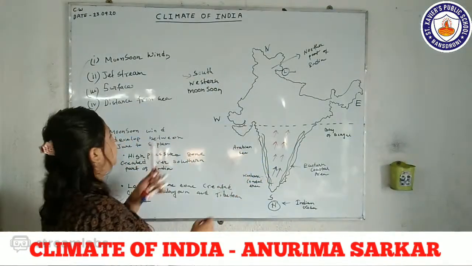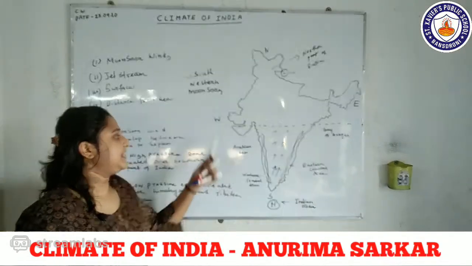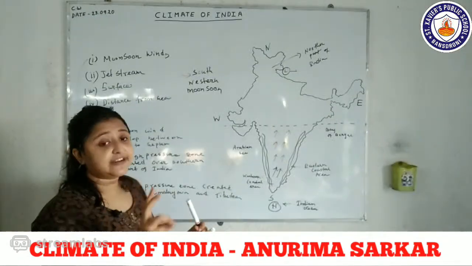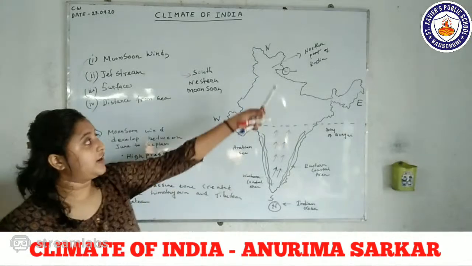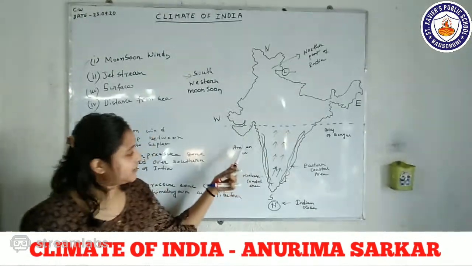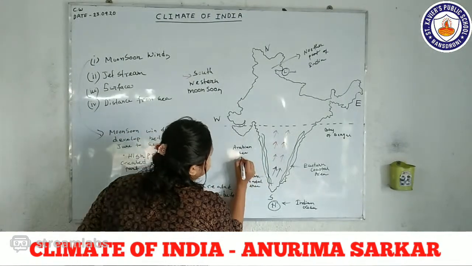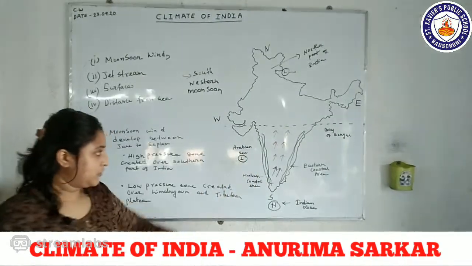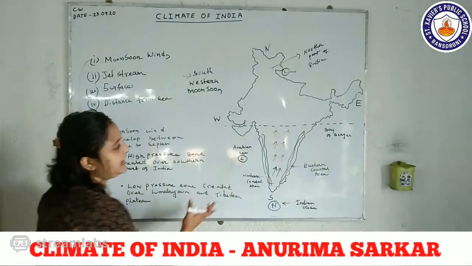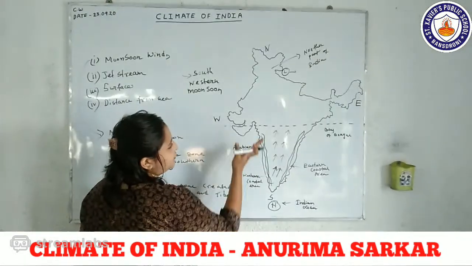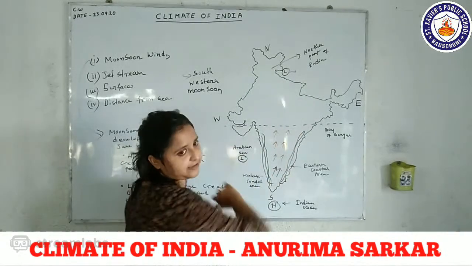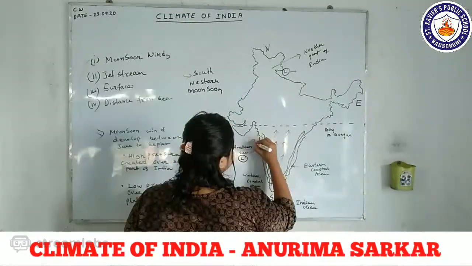And at that time the Arabian Sea also creates a low pressure zone, right? So there are two low pressure zones created. One is on the northern side of India, and the other is over the Arabian Sea. So the southwestern monsoon mainly blows from the Arabian Sea to the eastern part of this wind system.